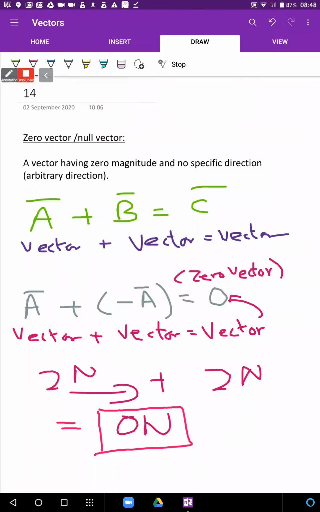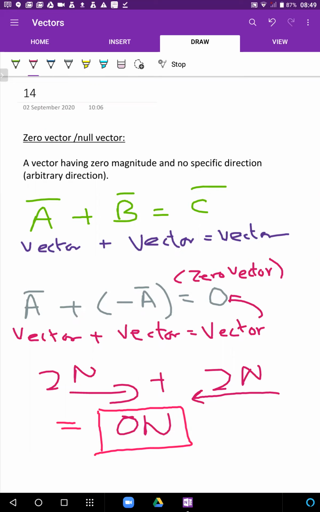As long as we know it's a force, and as long as we know that this is ultimately 0, I mean the forces have cancelled out, that's more than enough. Because the direction does not matter, we say there's no specific direction that a 0 vector has, and therefore the direction is random or arbitrary.